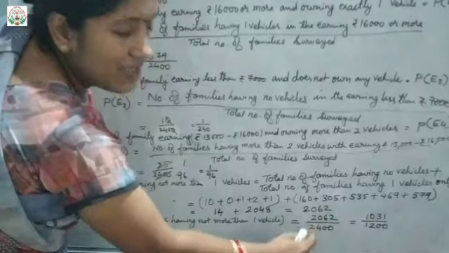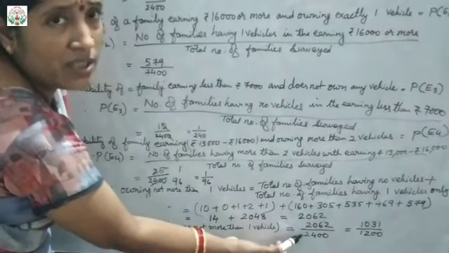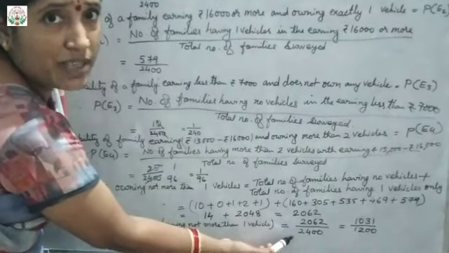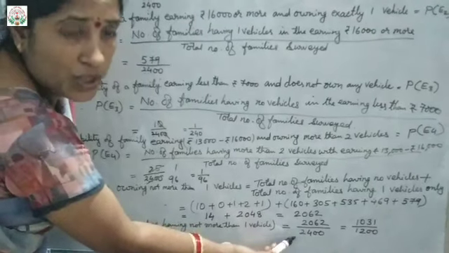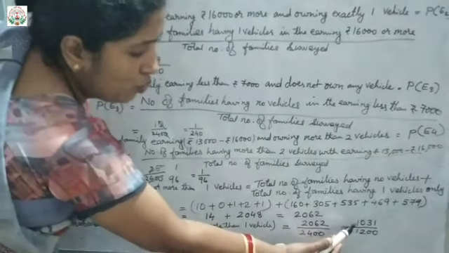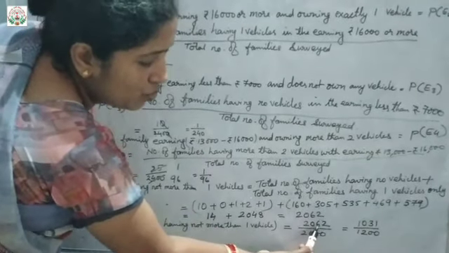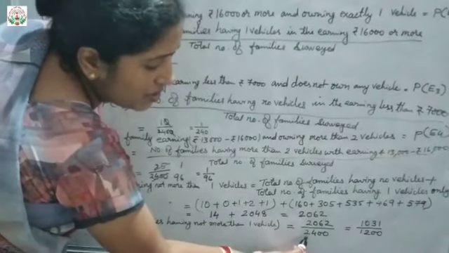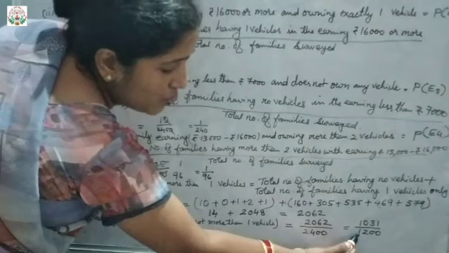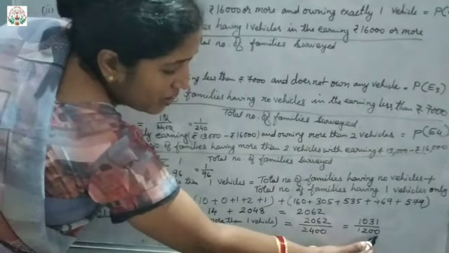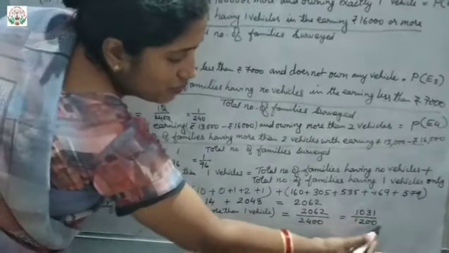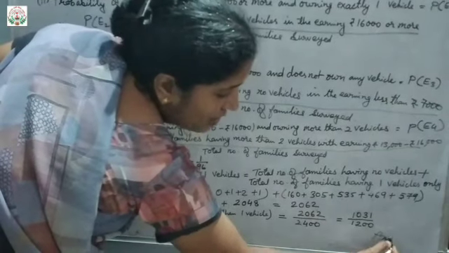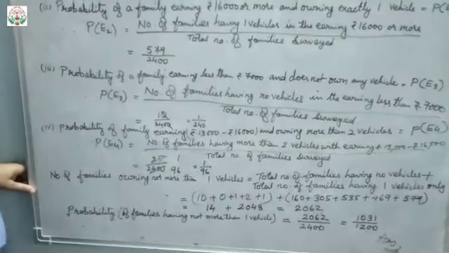On cancelling, both the numerator and denominator are divisible by 2. So divided by 2: the numerator becomes 1031, and the denominator becomes 1200. This will be the answer of the last one. Okay.